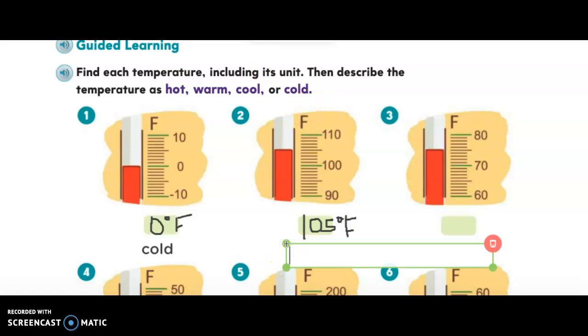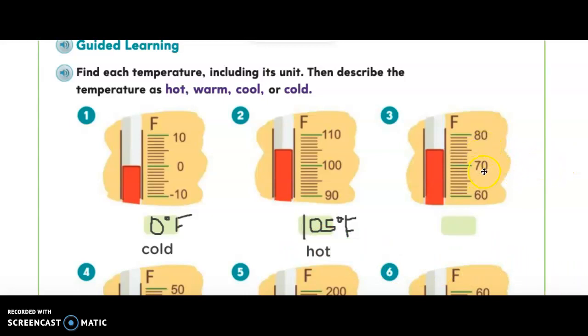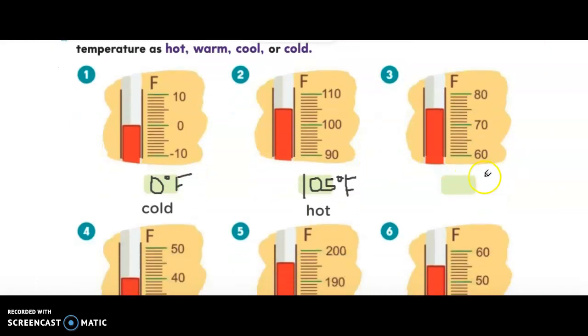So if it's 105 degrees Fahrenheit, that means it is hot. For number 3, again, it's right in between 70 and 80, so halfway between that would be 75 degrees Fahrenheit. And now that would be a warm temperature.